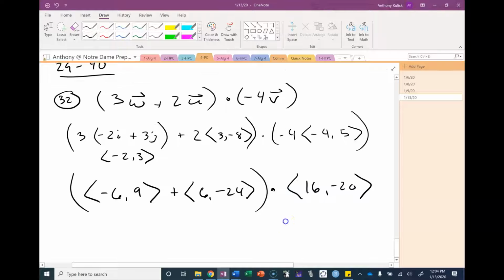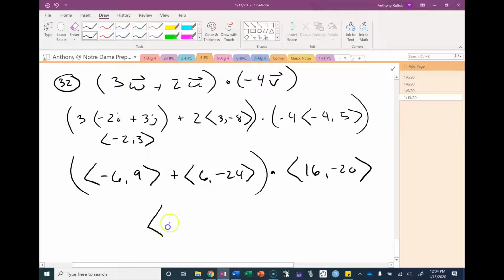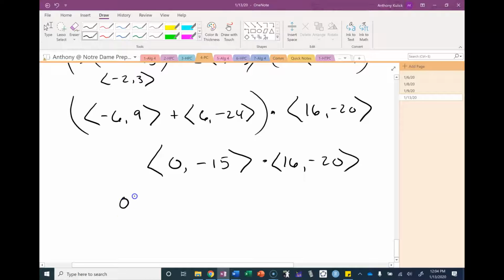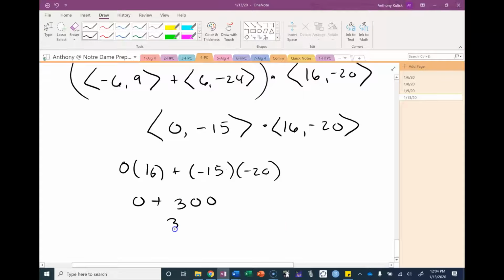Then we'll do our vector addition. Okay, there. Now we'll evaluate our dot product. So I got 0 plus 300, or just 300.